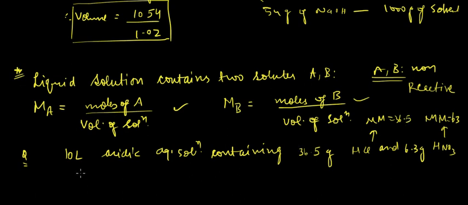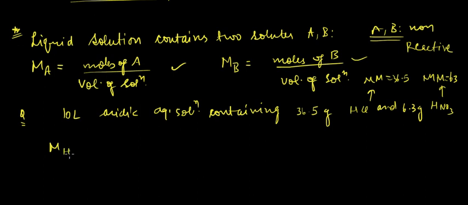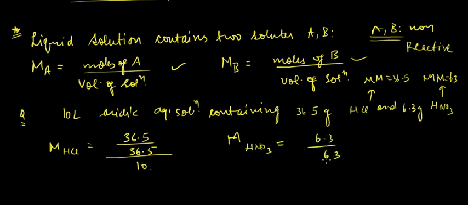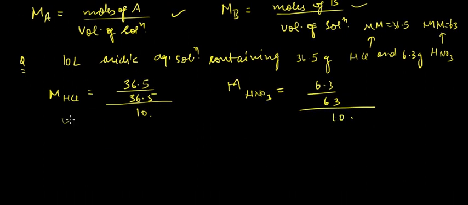What would be the molarity of HCl? Molarity of HCl is number of moles, which is given mass 36.5 grams upon molar mass 36.5, divided by 10 liters. And molarity of HNO3 would be 6.3, the given mass, upon 63, the molar mass of HNO3, upon 10, the volume of solution. From here you can calculate the molarity.